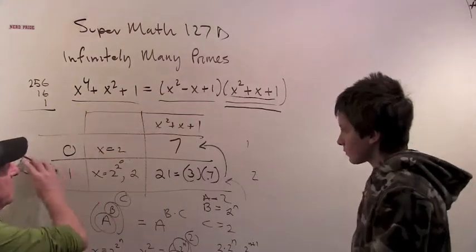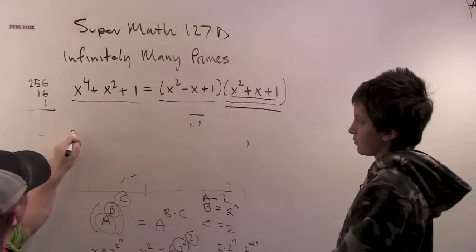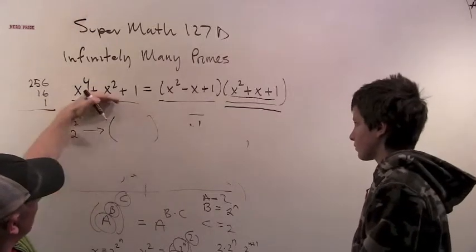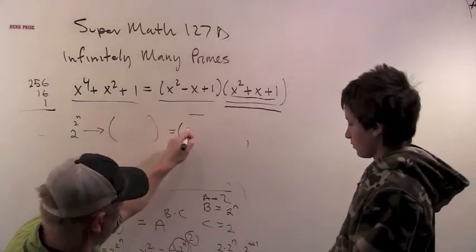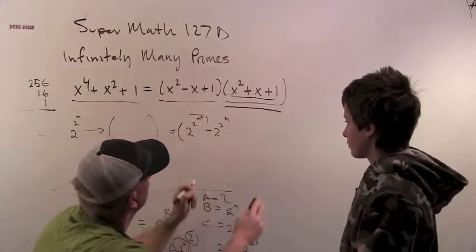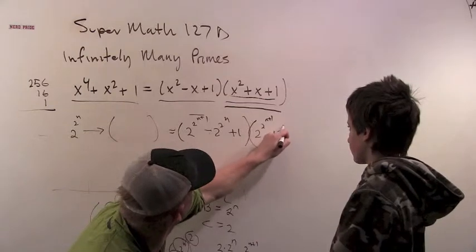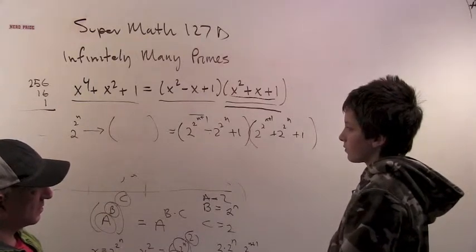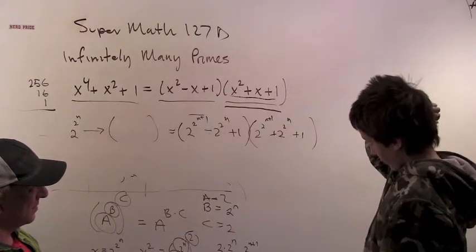Okay, so when x is, I'm going to have to erase, unfortunately, when x is 2 to the 2 to the n, this side equals 2 to the 2 to the n plus 1 minus 2 to the 2 to the n plus 1 times 2 to the 2 to the n plus 1 plus 2 to the 2 to the n plus 1.